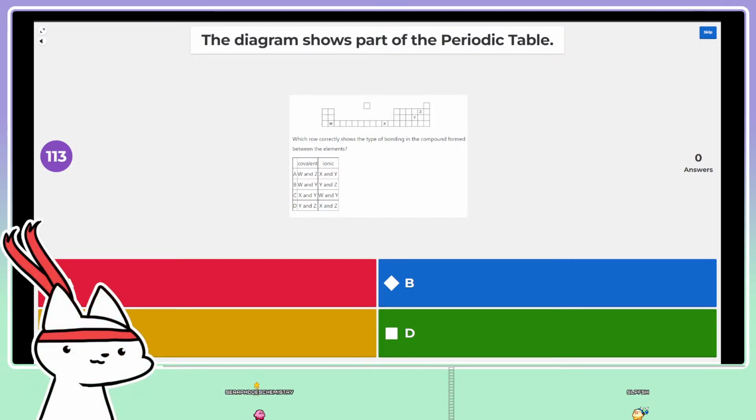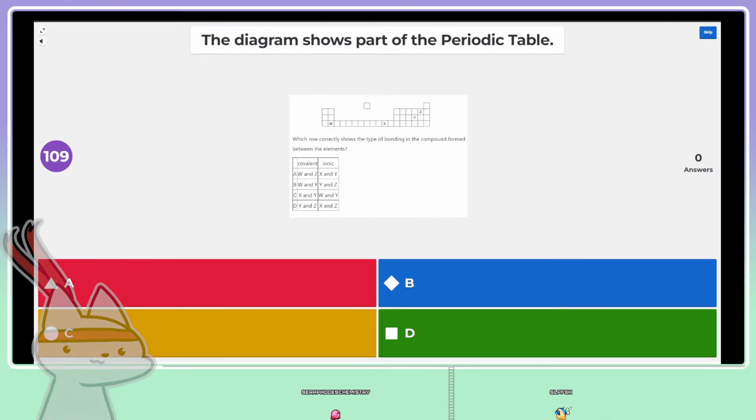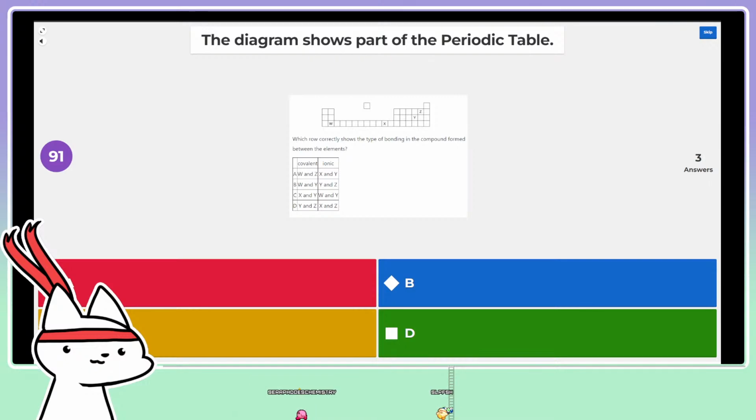There are different parts of the periodic table, and it forms covalent and ionic compounds. So be careful. How do you tell whether something is metal or non-metal, and then how do you pair them up between covalent and ionic?